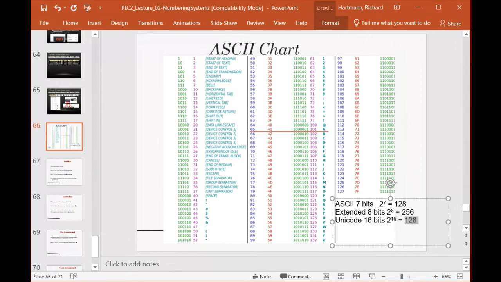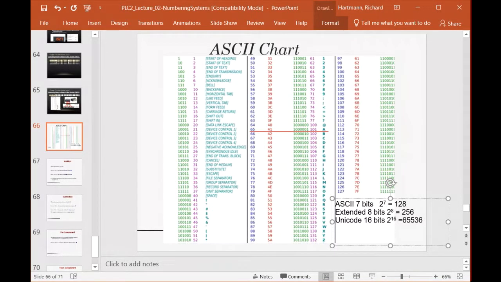Okay, so 2 to the 16th gives us 65,536 unique possibilities. Now remember, one of those is nothing but zeros, which is the null. But that still leaves us 65,535.